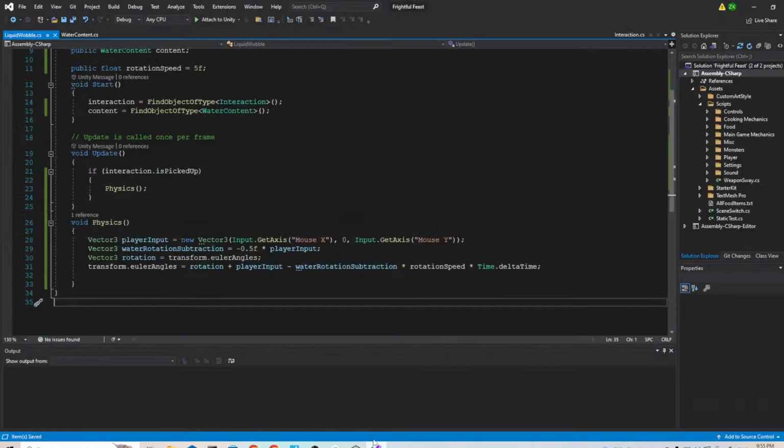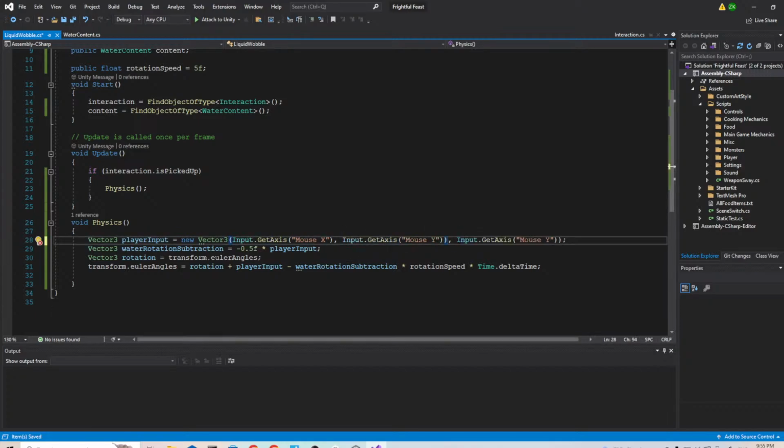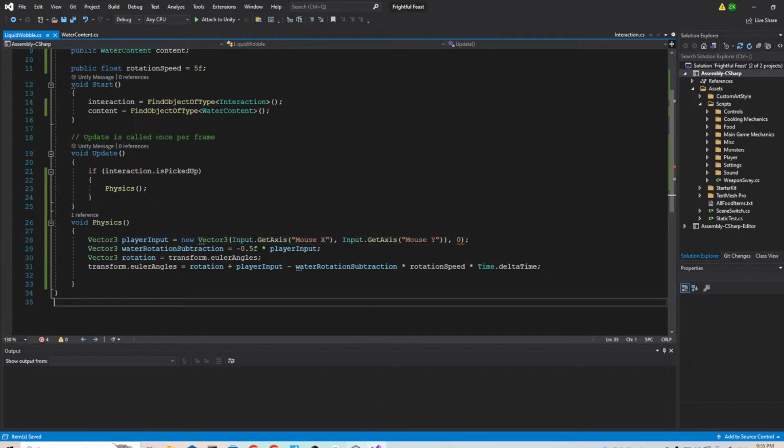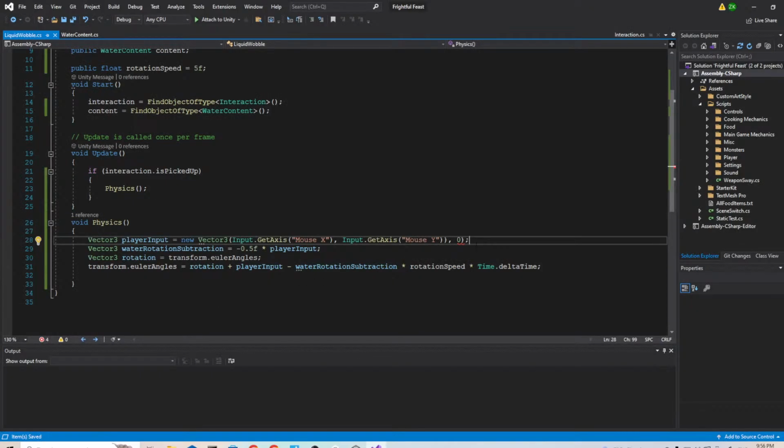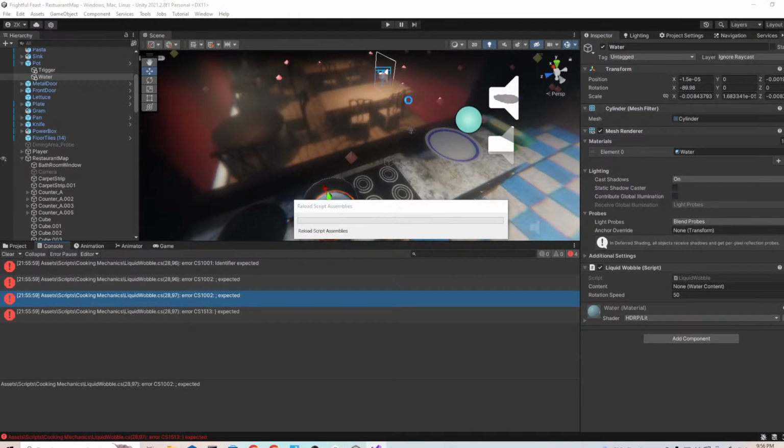Okay, maybe I'm thinking maybe this has to be that there. Make that 0. Oops, wait. So it's supposed to be another bracket? Oh, why is that there? Alright, try that now.